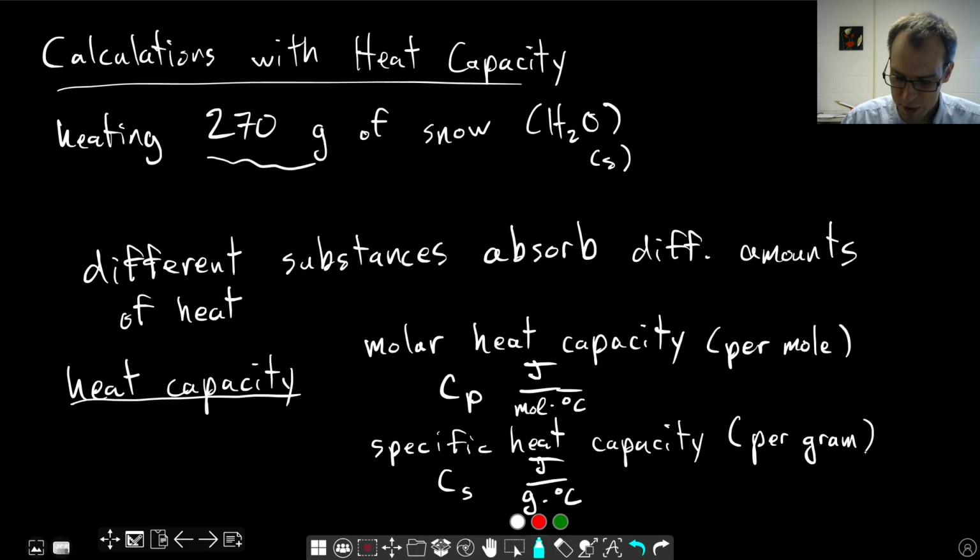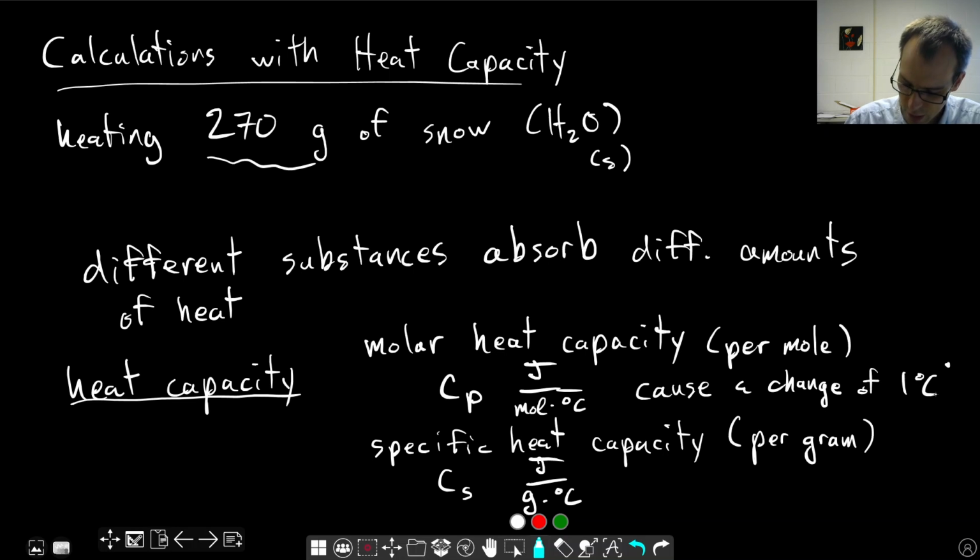To be more specific, this is to cause a change of 1 degree Celsius in that specific amount of a substance. So molar heat capacity is how much energy it takes to increase the temperature of that substance by 1 degree Celsius, whereas the specific heat capacity is how much energy you need to put in to get 1 gram of that substance to change by 1 degree Celsius.